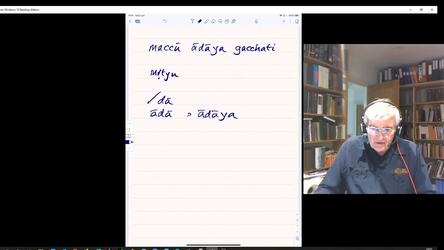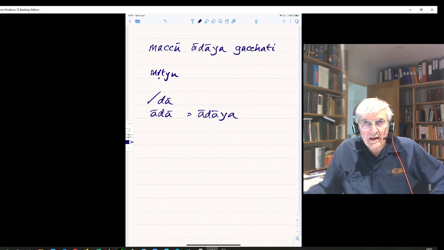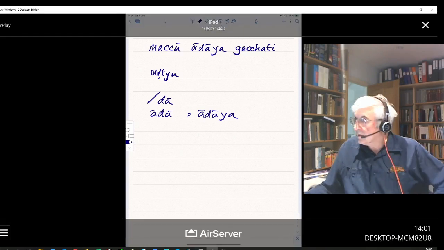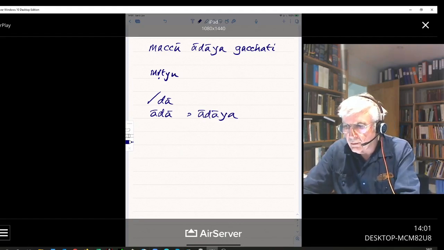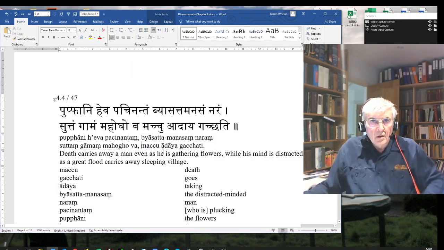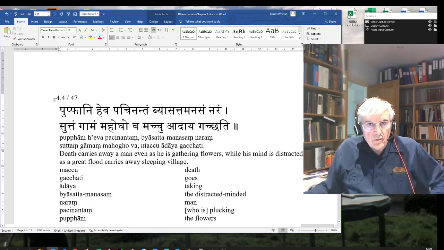But in this sentence, Machu Adaya Gachati, let me go back to my other screen. So Machu highlighted, death, Gachati, goes.